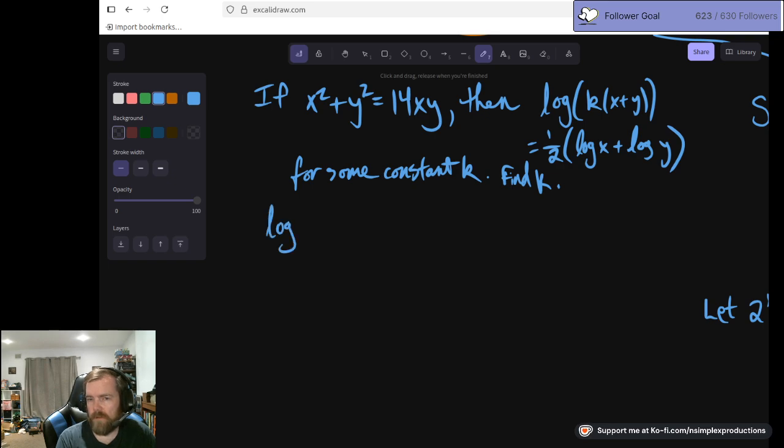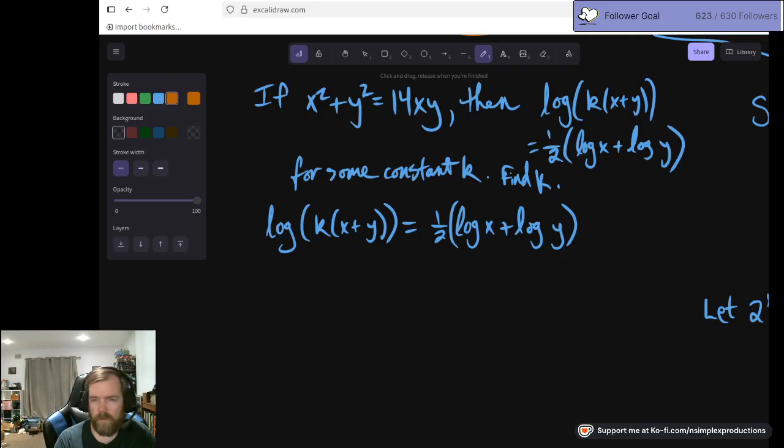So if we start with log of k times x plus y is equal to 1/2 log x plus log y. The way I would want to start, I think, is make this a 2 log k x plus y, that is equal to log of xy.